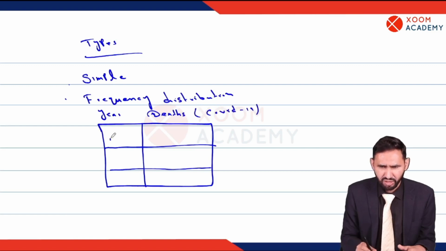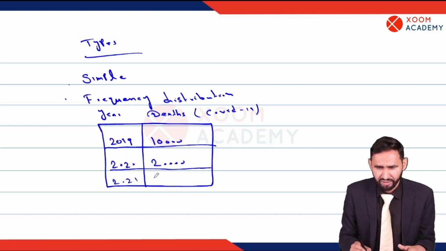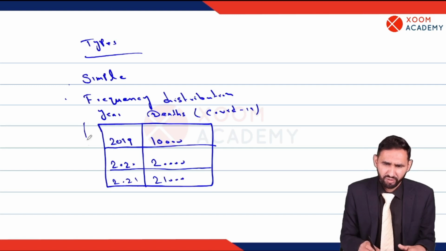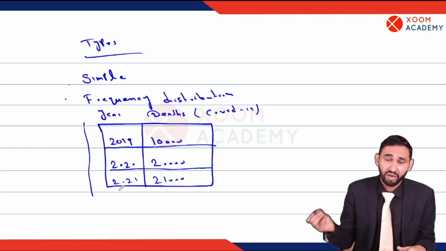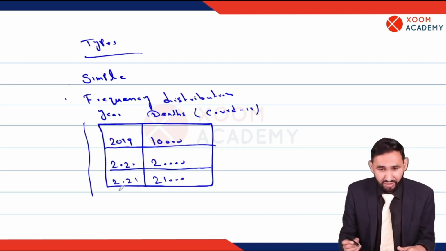In the year 2019, we just say that there were 10,000 deaths. In the year 2020, there were 20,000 deaths. And in the year 2021, there are 21,000 deaths. So this table simply shows that mortality is increasing, or the mortality according to years.